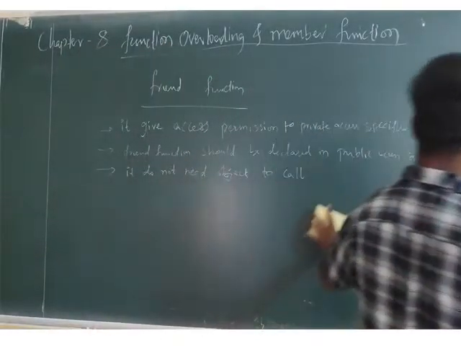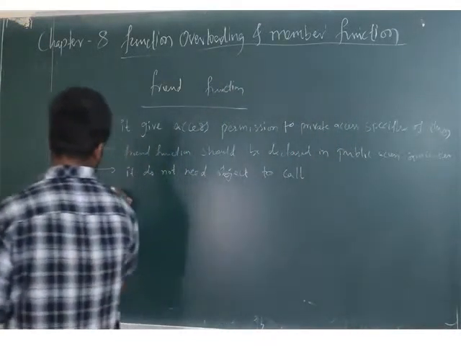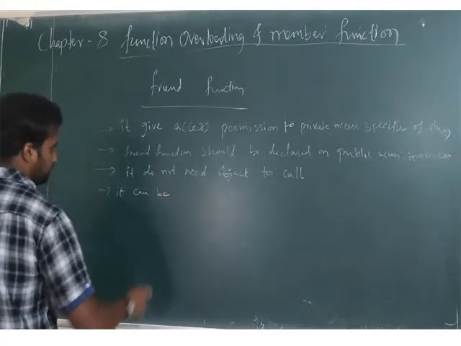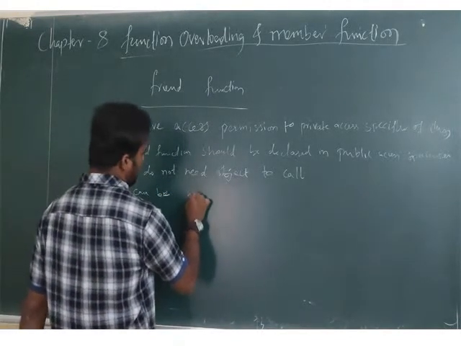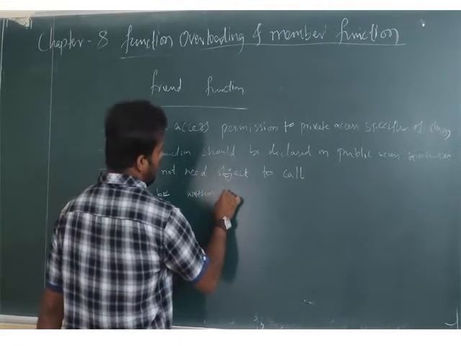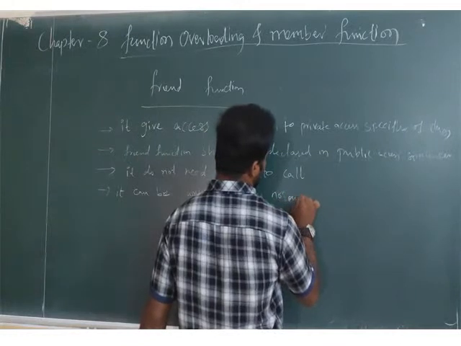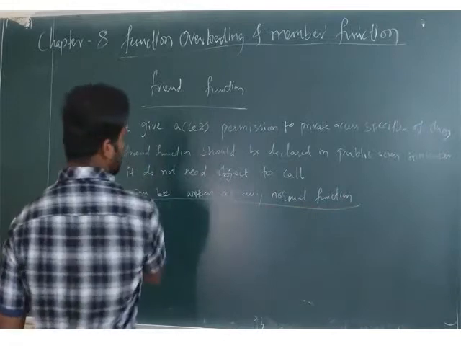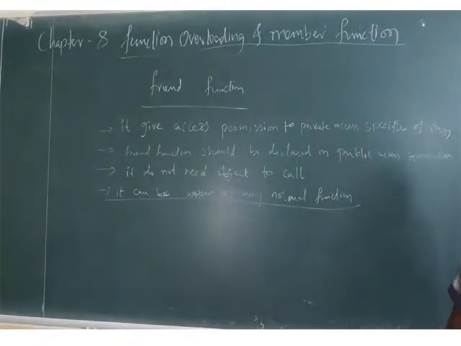Next, it can be written as any normal function. See here, whenever we are writing a friend function, automatically we write it as a normal function only.